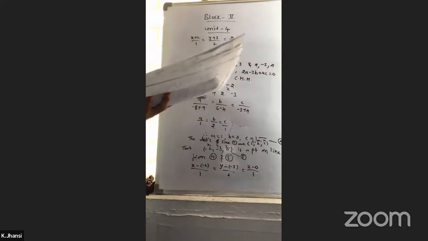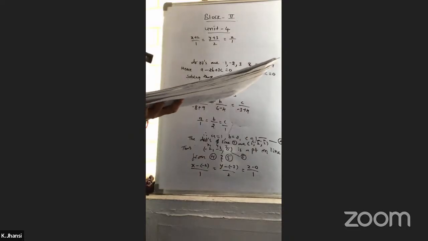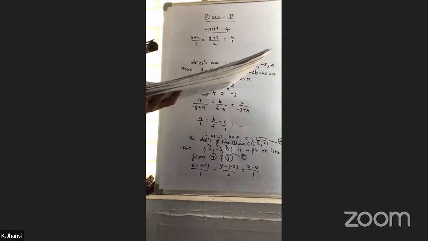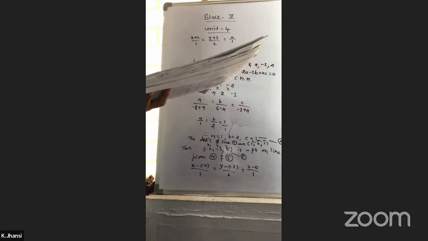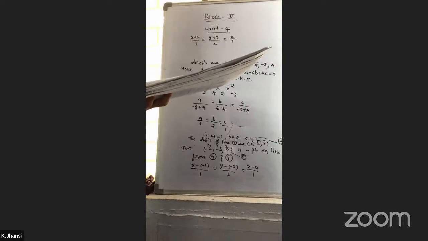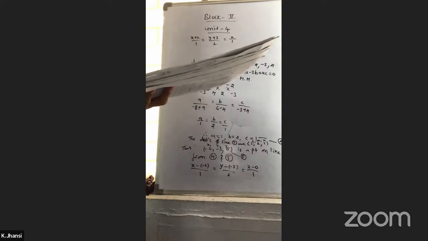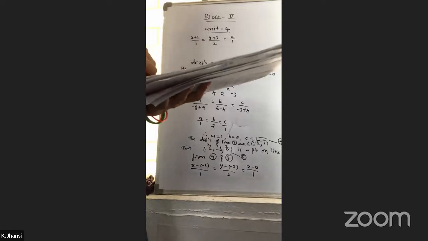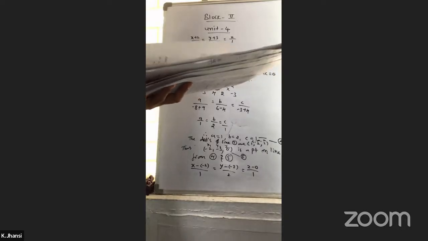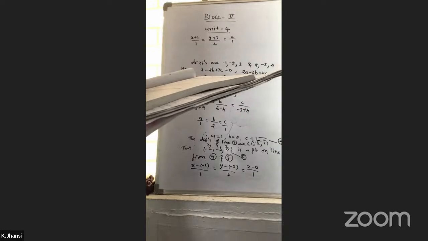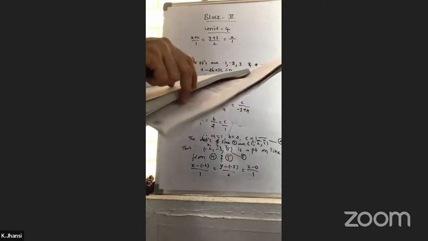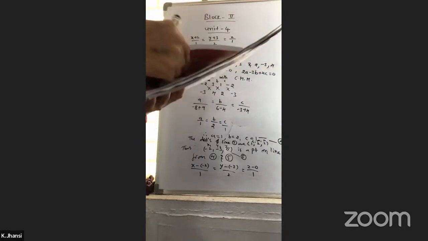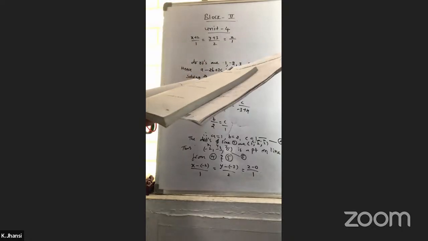After that we have coplanarity, and also point of intersection. On page number 107, see the point of intersection of the line with the plane. One line equation will be given and one plane equation will be given. With the help of that, we have to find the point of intersection of the line with the plane.